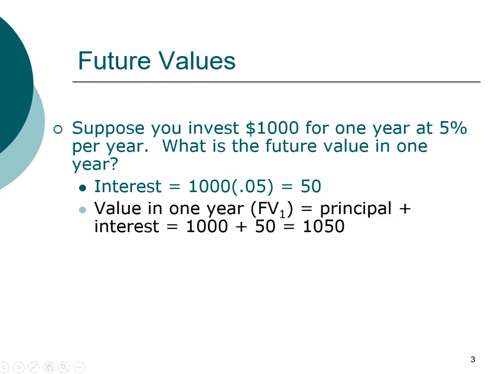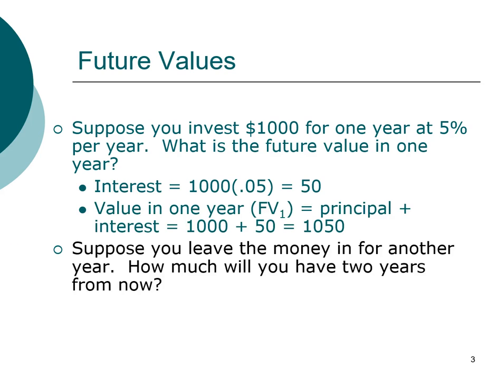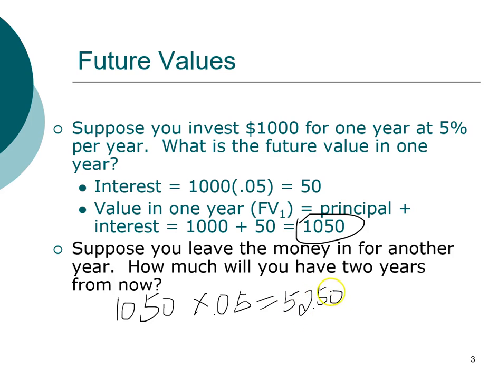Now, let's say instead of just saving your money for 1 year, you decided to leave the money in the bank for another year. How much money would you have 2 years from now? In year 2, instead of $1,000, we now start with $1,050. Again, we are earning 5%, so $1,050 times 5% gives us an interest of $52.50.